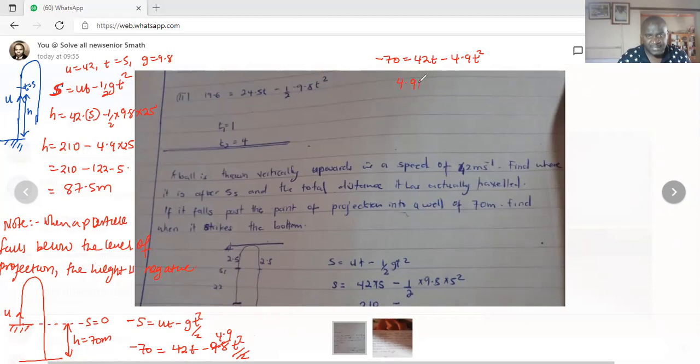Thus, 4.9t squared minus 42t minus 70 is equal to 0. Who are experts in the calculator? If you're not an expert, use the formula: negative b, which is negative 42, so positive, plus or minus the root of 42 squared minus 4 times 4.9 times negative 70. But the 70 is negative, so this becomes a positive, divided by 2 times 4.9. Press the calculator and give us t1 and t2.